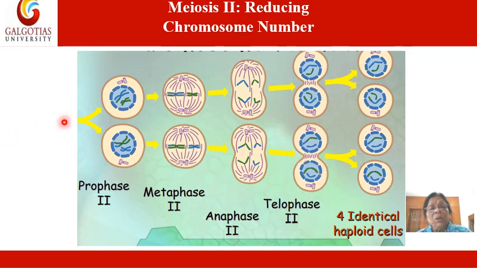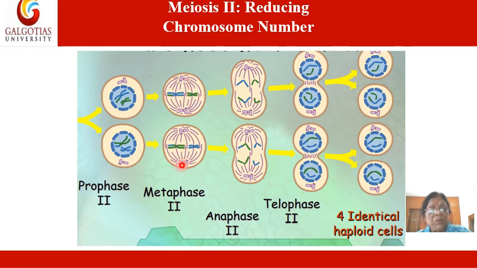So after meiosis 1, these two cells were formed, and this is then followed by the meiosis 2 division. What happens during meiosis 2? In these two cells, meiosis 2 starts taking place. The chromosomes again arrange themselves in the equatorial region.